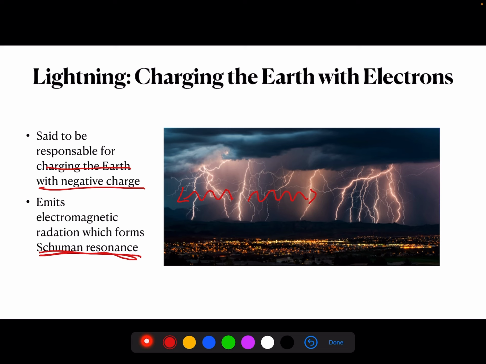So yeah, you got to have that picture in your mind of, this is conductive and this is negative, and then it's going to bounce around, and it's going to go all the way around the globe in the cavity between the ionosphere and the Earth's surface, and it's going to create those harmonics and Schumann resonance.